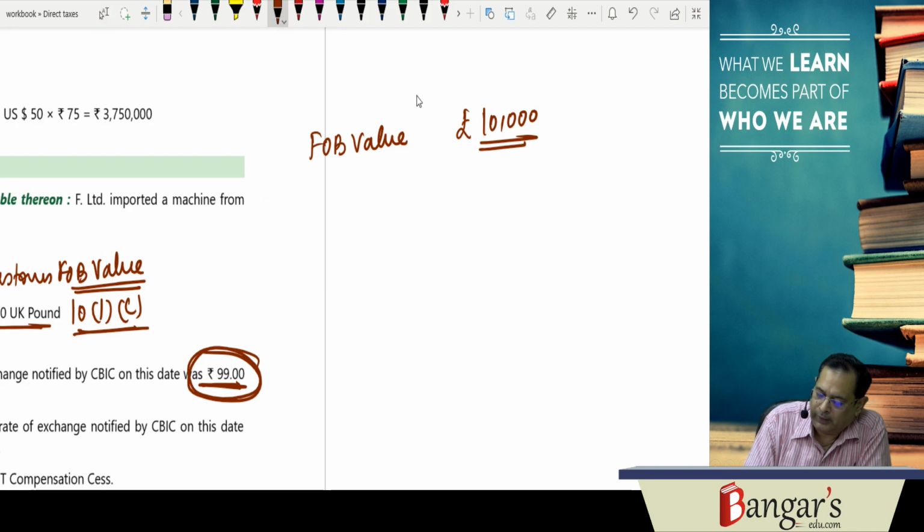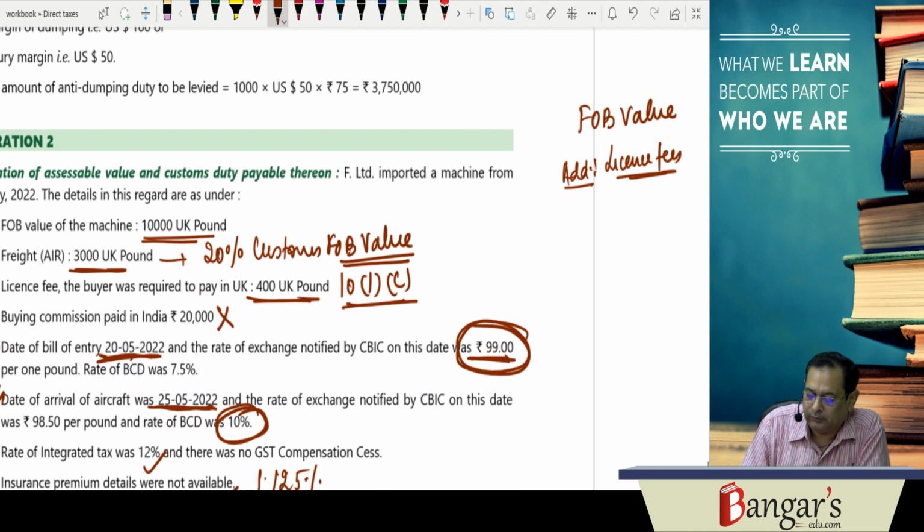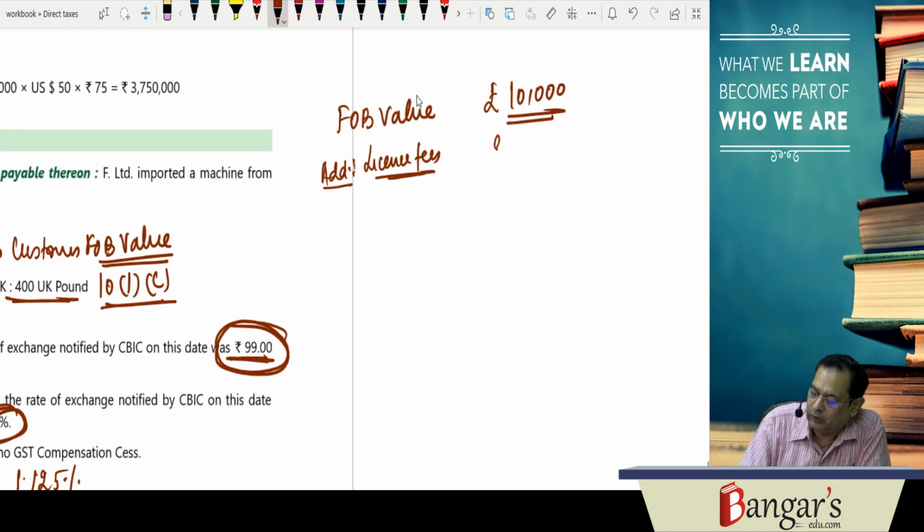So here we will add license fees. How much license fees was there? US dollar 400. Then buying commission won't be added.